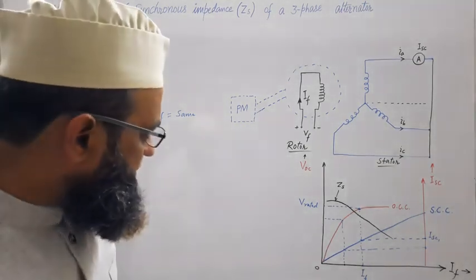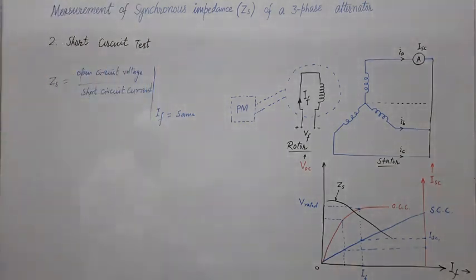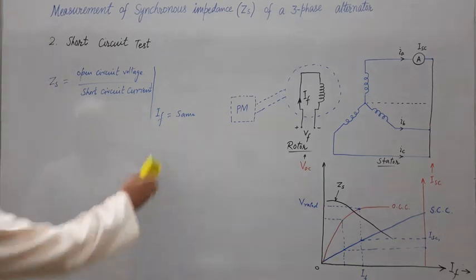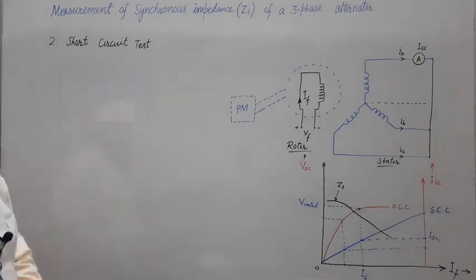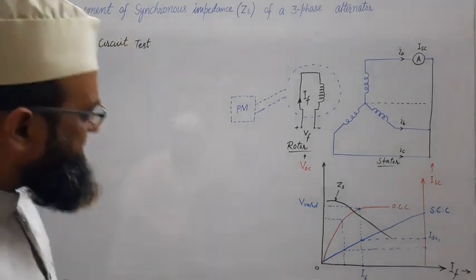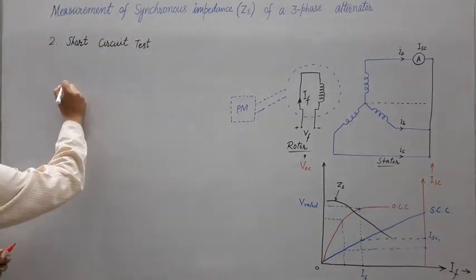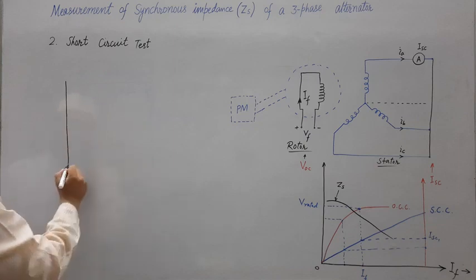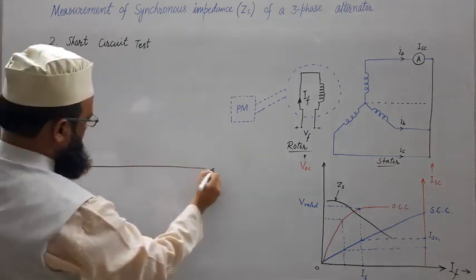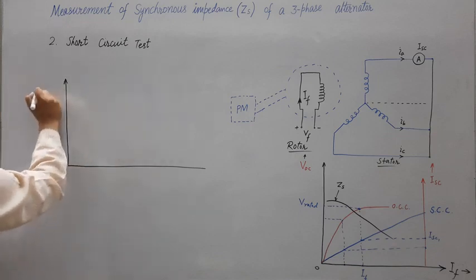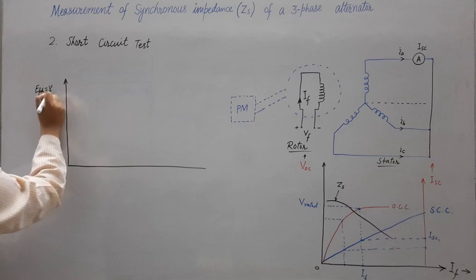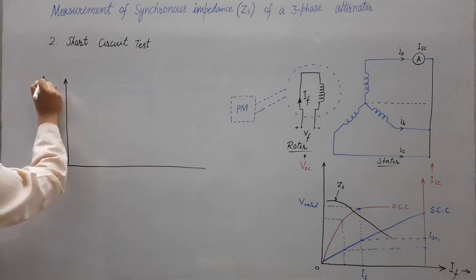Let us plot the same here. So we have two axes. One is VOC or VPH, EPH, whatever, in the open circuit test.